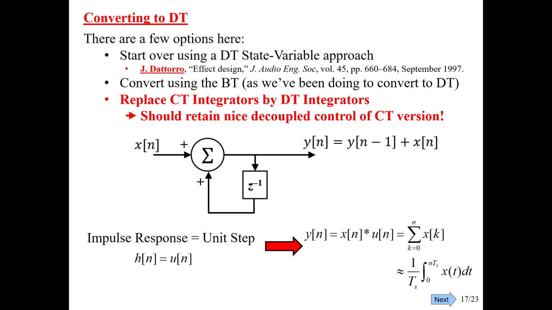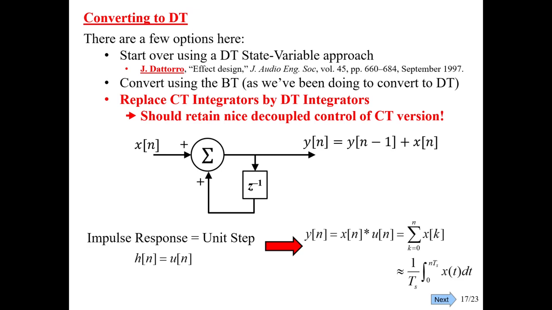Flip the unit step, slide it through the signal, and at each value of n, your output is just the running sum. And that looks an awful lot like an integration. We need to include the 1 over TS, which is the sample spacing. So that's TS is 1 over FS. But yes, this thing looks like an integrator.